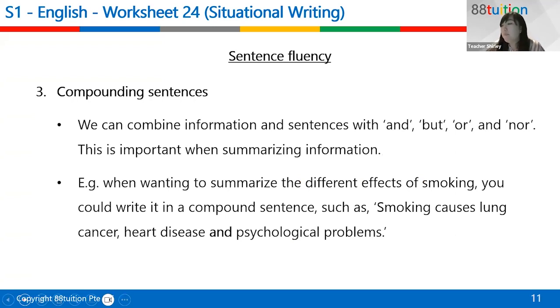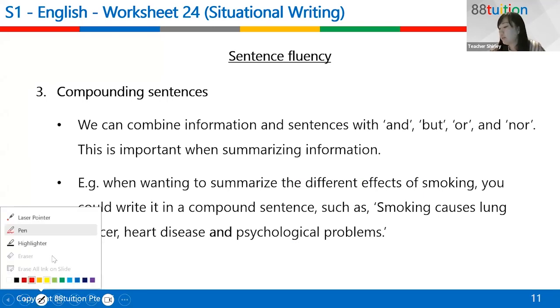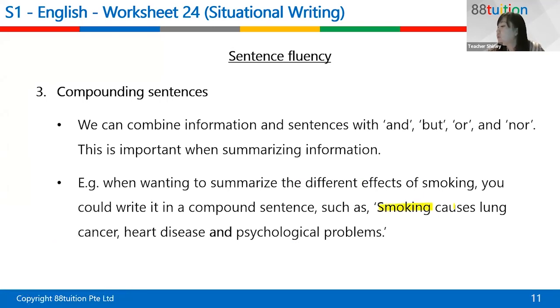Now, when we come to compound sentences, basically, compound sentences means to join information or sentences together. I think it's very common for English sentences to be compound sentences. For example, when you want to summarize different effects of smoking, you can write it in a compound sentence like this: smoking causes lung cancer, heart disease, and psychological problems.